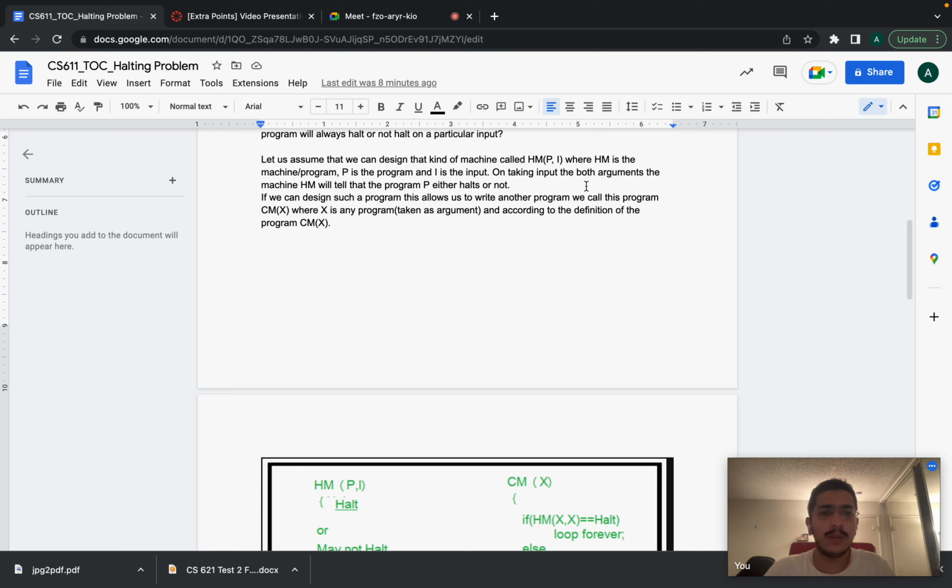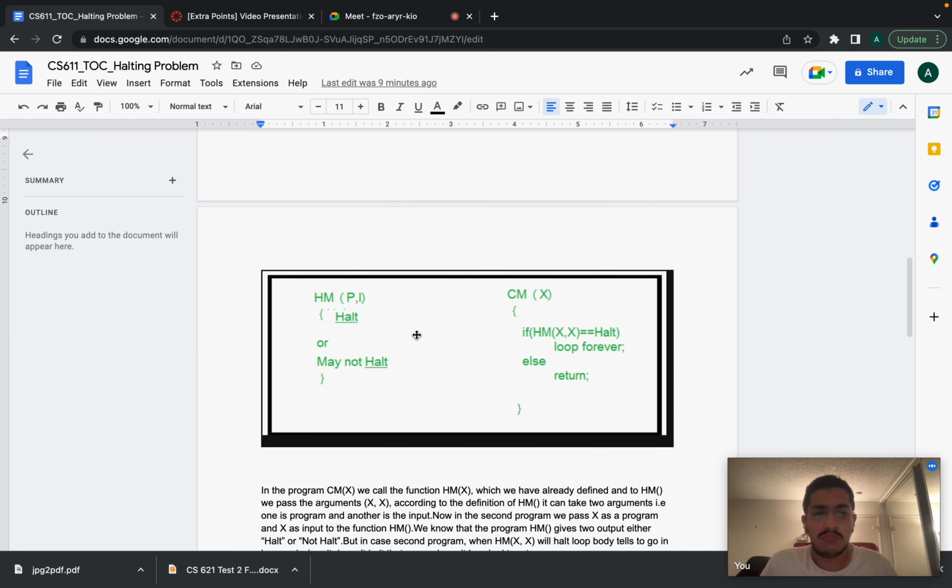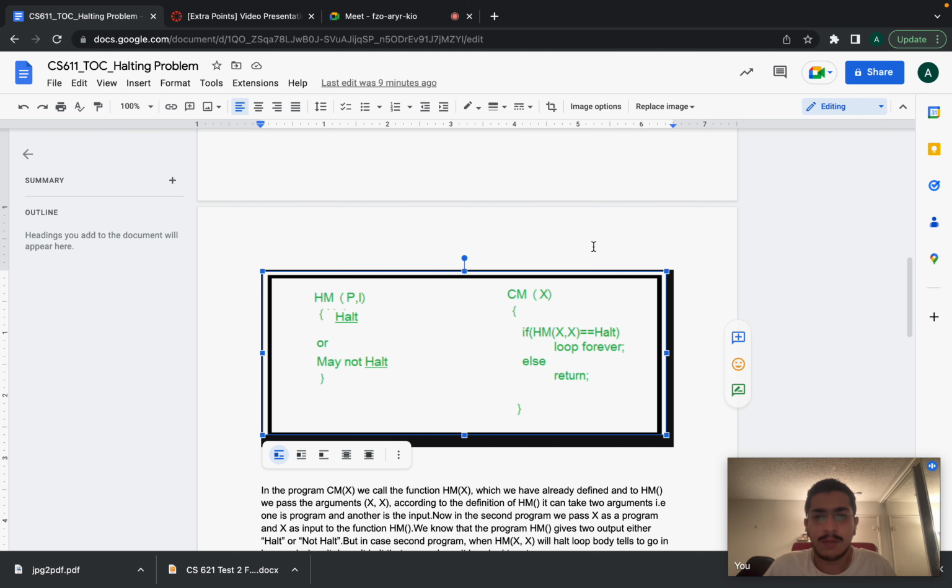On taking both arguments, the machine HM will tell whether the program P halts or not. If we can design such a program, this allows us to write another program. We can call this program CMX, where X is any program taken as argument, and we can see how the algorithm will work using this diagram.